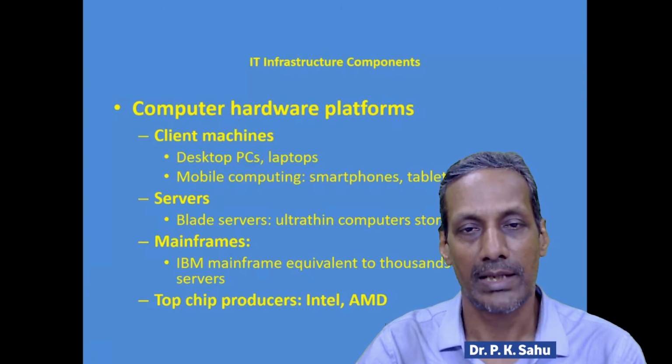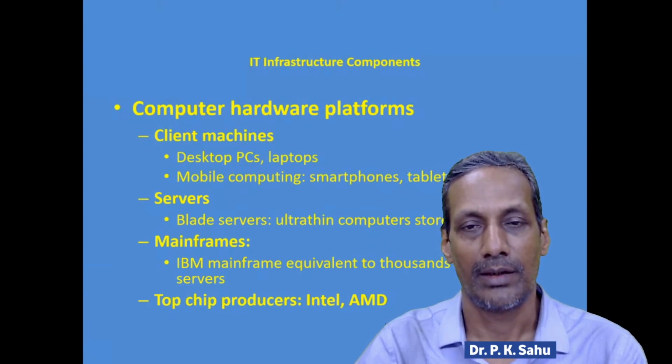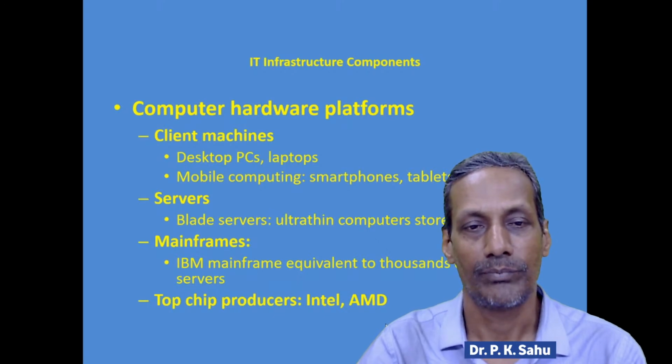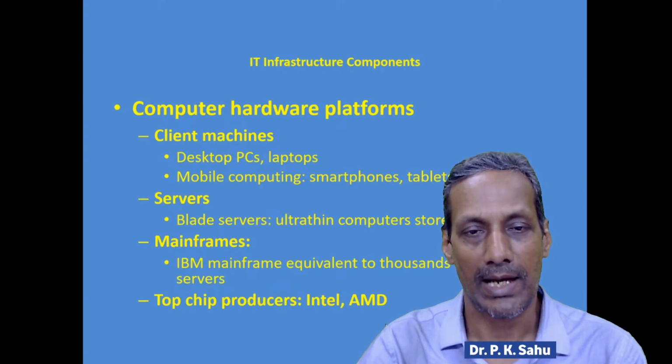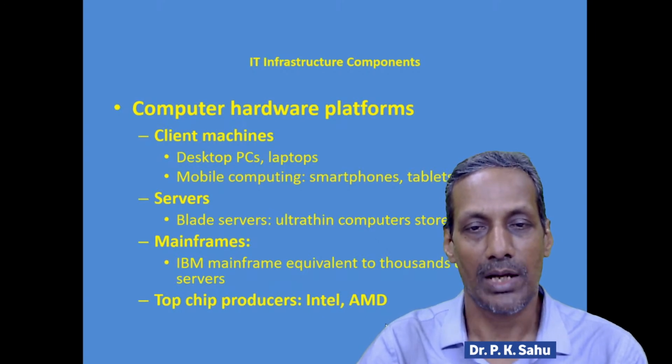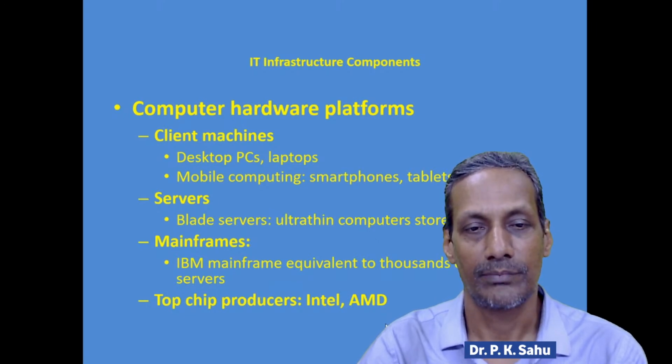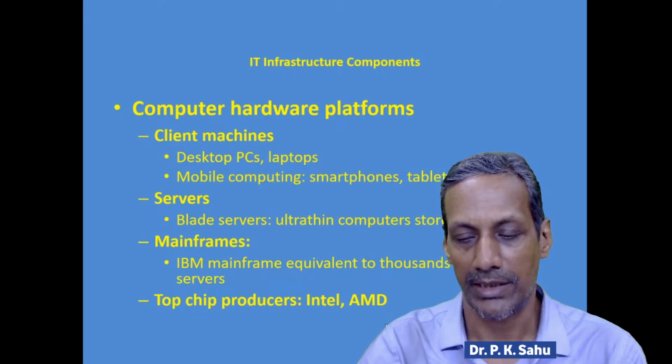Blade servers are the latest servers, which are ultra-thin computers stored in racks. To provide more computing power, organizations today implement blade servers. When the data size is large, mainframes are also used, which are equivalent to thousands of blade servers. The top chip producers for these machines are Intel and AMD.